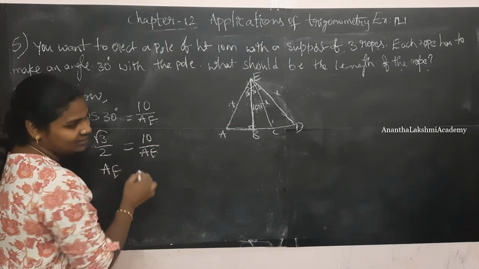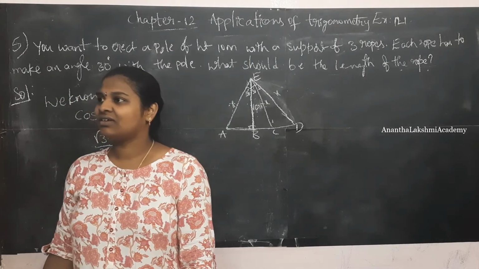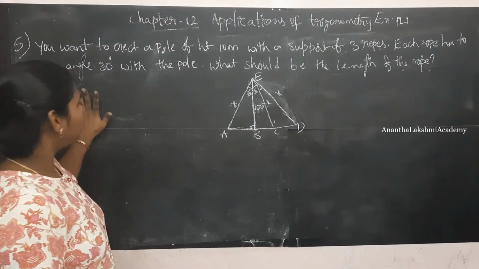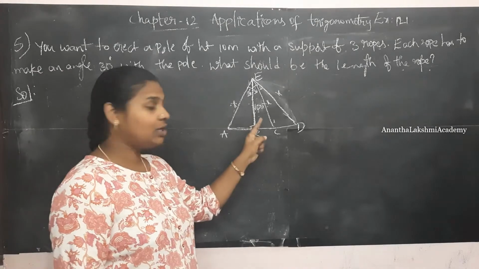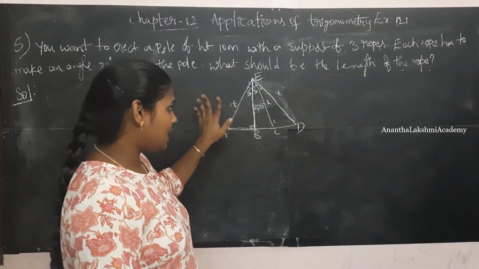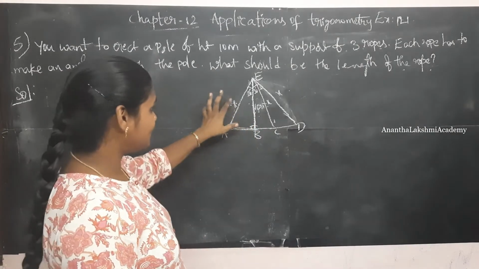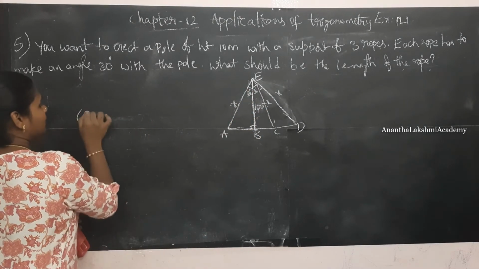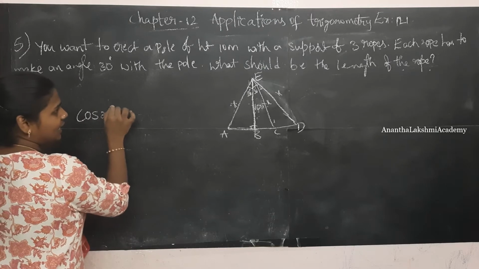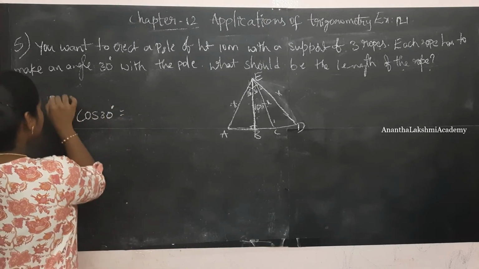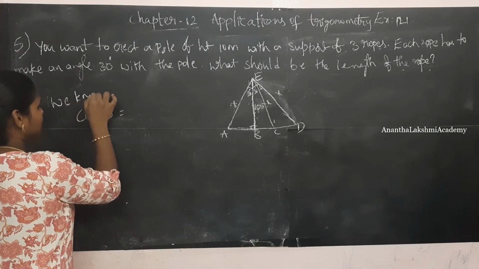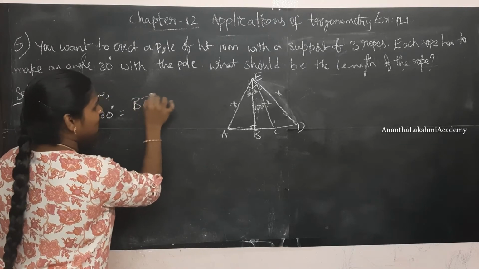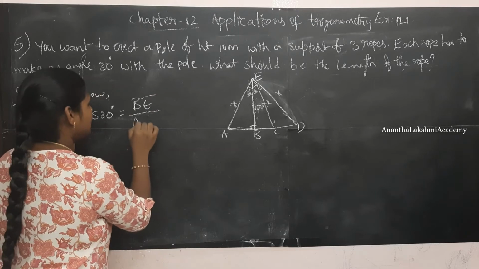So for the fourth problem, here we assume the length of the rope to be x and the height of the pole is 10. Since we know the adjacent side and the angle, I am writing it as, we know cos 30 is equal to adjacent BE by hypotenuse AE.